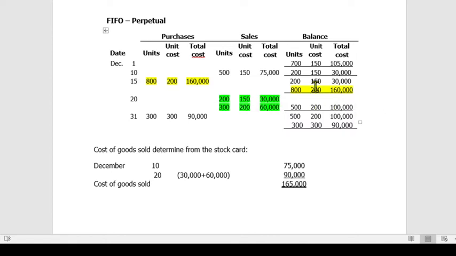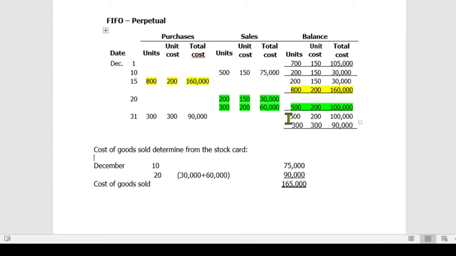So, what is the effect on this? So, itong 200 na ito na nandito ay na-eliminate na dito. Ang natira na lang ay yung 800 minus 300. Itong 500, 200. Yan na lang ang natira. Okay, bumili ka na naman on December 31, 300 units at 300 per unit.